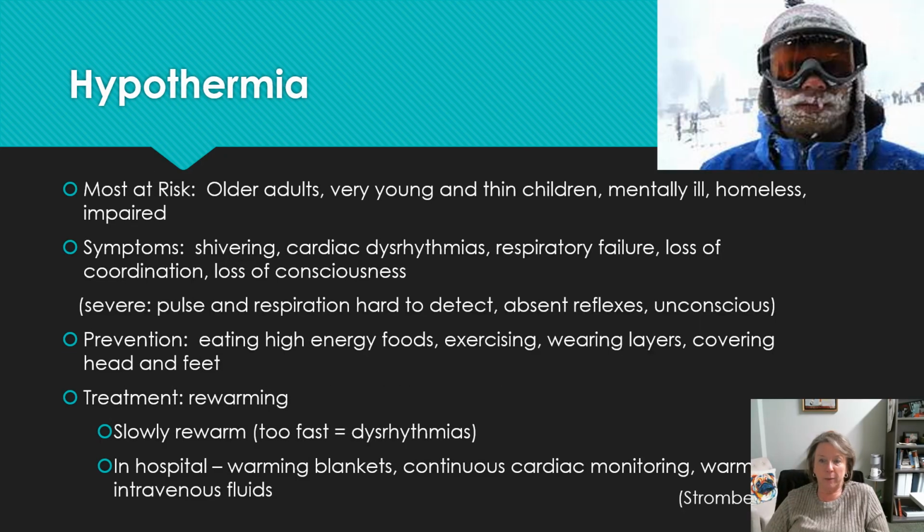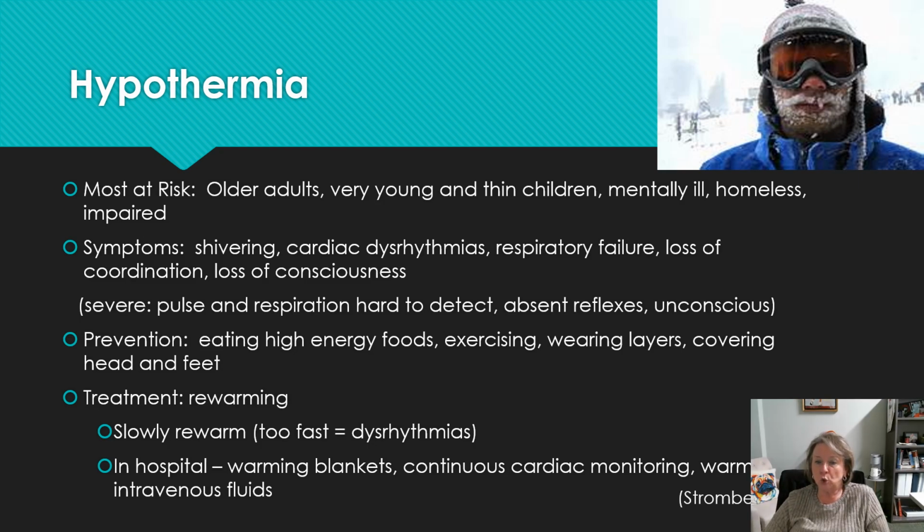So hypothermia, this is the one we haven't really studied. So let's talk about it. Most at risk are older adults, the very young, of course, and that's lack of circulation for the older adults. They're more at risk. They don't have as much fatty tissue. Skin's starting to thin. Very young, same thing. They're not protected as well.